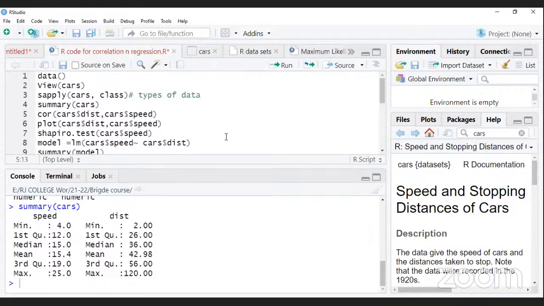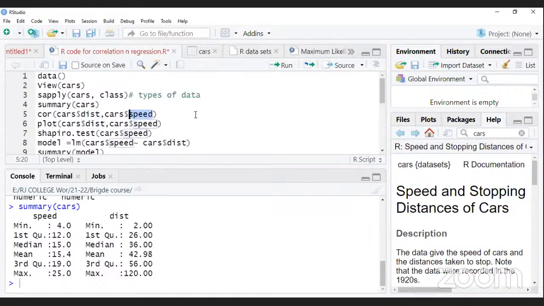Now, since you're interested to know how to tell whether variables are dependent or independent, let me draw the correlation. Just type cor, for correlation, and type your data set name, then the dollar sign. Type your variable name here, distance. This is my first variable and this is my second variable.